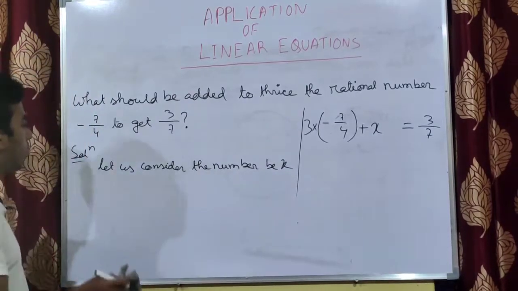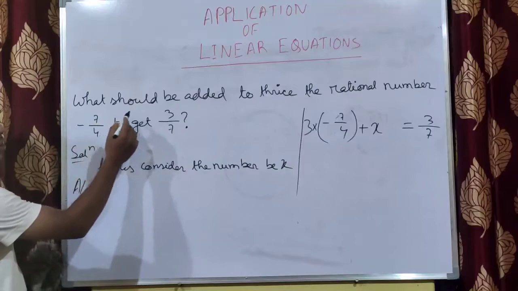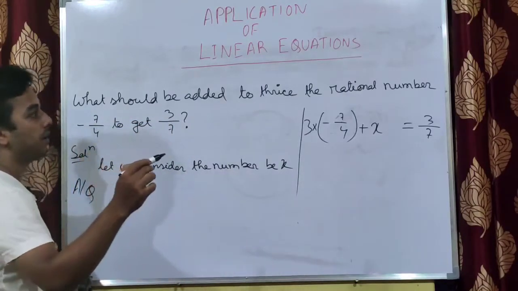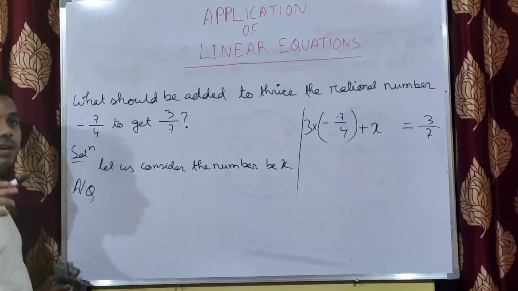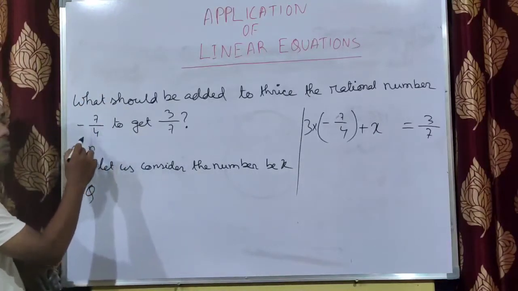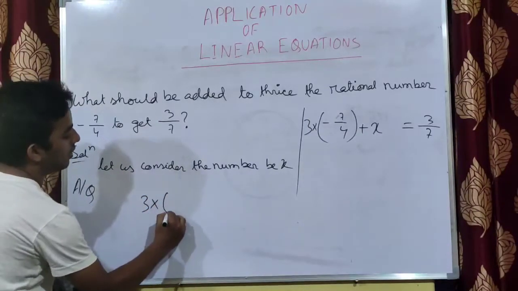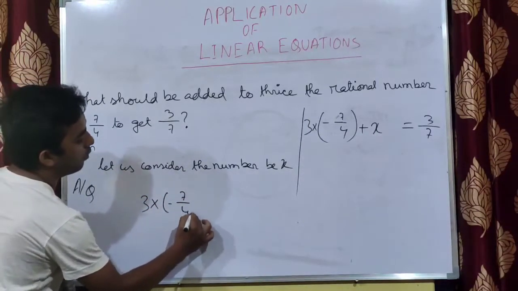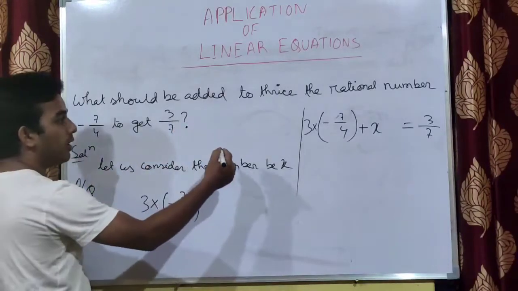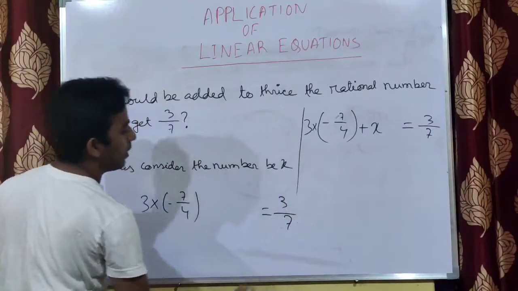So according to the question, first what should be added to thrice the rational number minus 7 by 4? First let us write thrice the rational number, that is 3 times minus 7 by 4, to get 3 by 7.